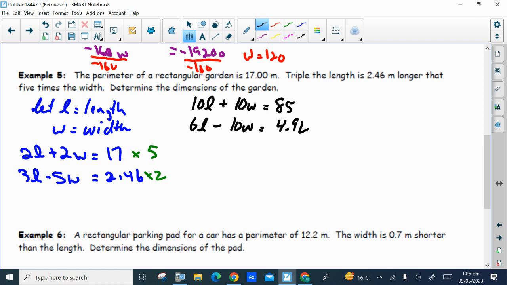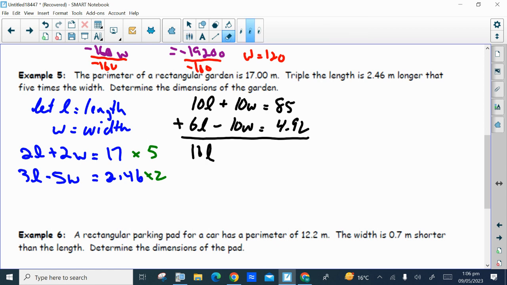And now, because the coefficients in front of the W's are opposites, we will add these equations. 10L plus 6L is 16L. Again, when you add the W's together, they are opposites, so they will cancel. And when you add the 85 and 4.92, you'll get 89.92.